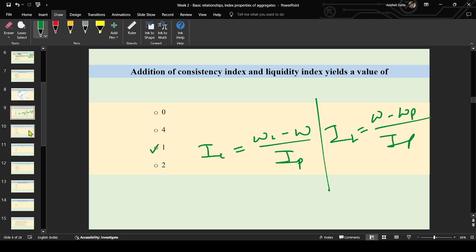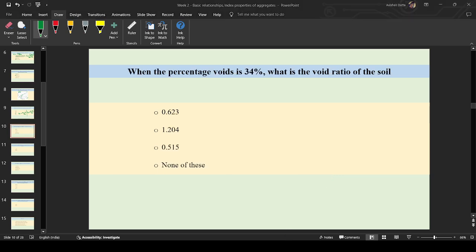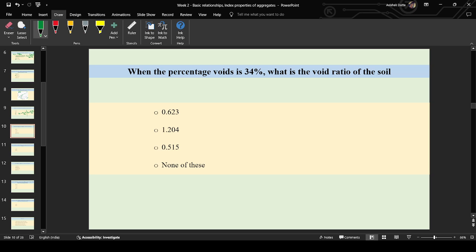Next question: when the percentage voids is 34%, what is the void ratio? Percentage voids is porosity. It is 34%, meaning 0.34 in decimals. The void ratio e equals porosity divided by 1 minus porosity.